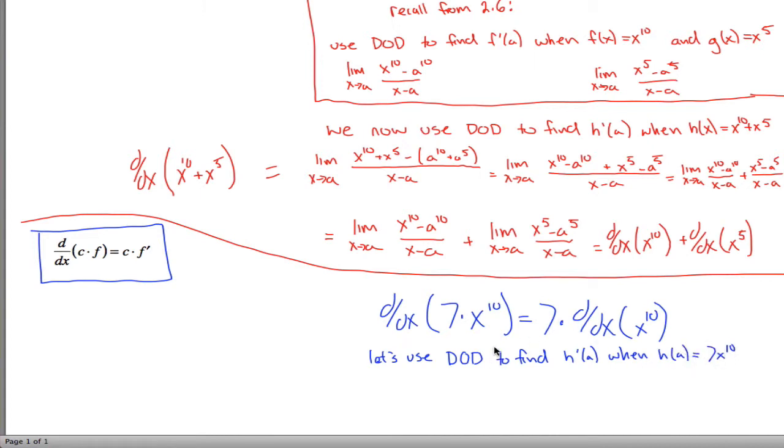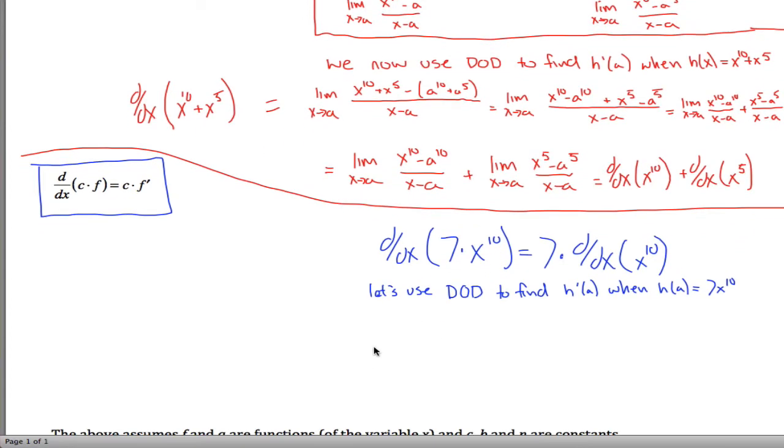So let's use our definition of the derivative formula and figure out this thing right here. Well, what we would do is we'd say it's the limit as x approaches a of h of x, in this case 7x to the 10th, minus h of a, in our case 7a to the 10th, divided by x minus a.